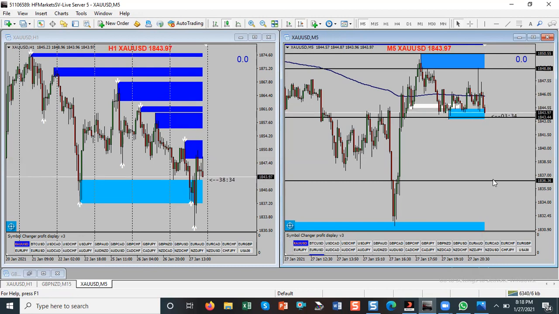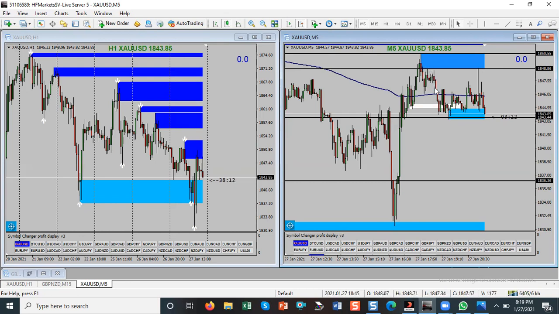You must identify the trend. You must know the trend. This is a downtrend. And when you see a supply zone, then come back and wait for the supply zone to be retested. On the retest of that supply zone, that is when you come down to the 5 minutes time frame and wait for a new supply zone to be created on the retest of the 1 hour supply zone.